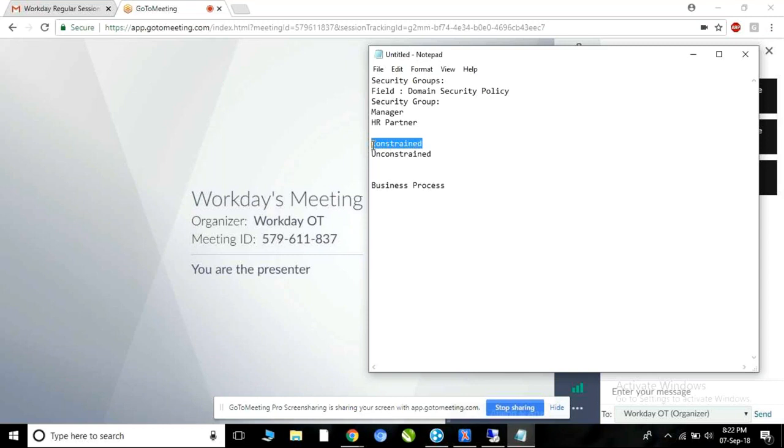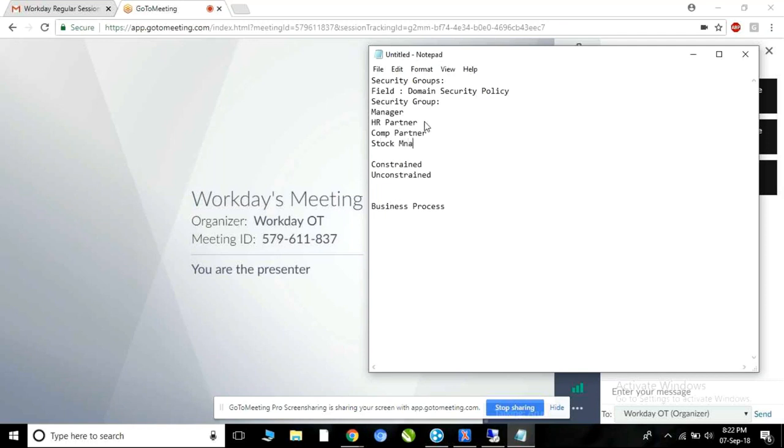So when we create a security group, it asks for two things: whether you want to create a constrained security group or an unconstrained security group. That's the first thing. Now, any security group we create in the system is available for any of the supervisory organizations. Suppose we have created 4 security groups in our system: manager, HR partner, comp partner, and stock manager.